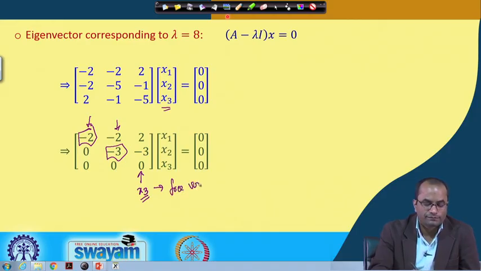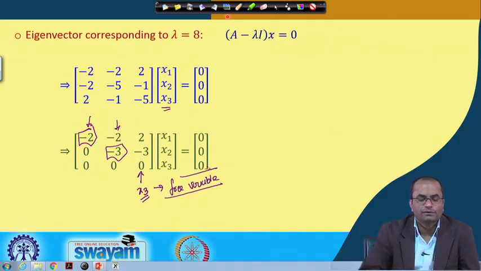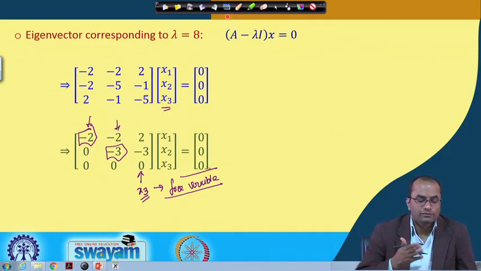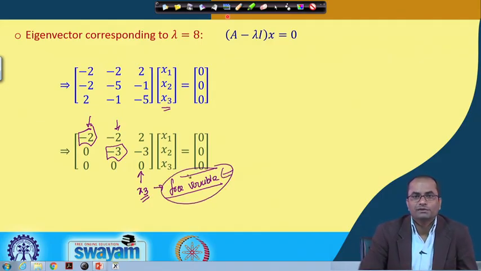There will be only one free variable, which was clear from before, because the algebraic multiplicity was 1, and corresponding to that we cannot get 2 free variables. So, the number of free variables tells us the number of linearly independent eigenvectors. Here we cannot have 2 linearly independent eigenvectors. We know in advance that there will be only one free variable.